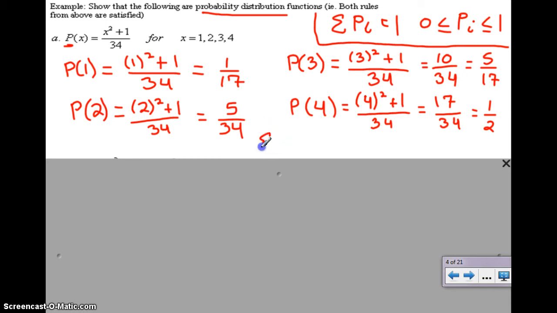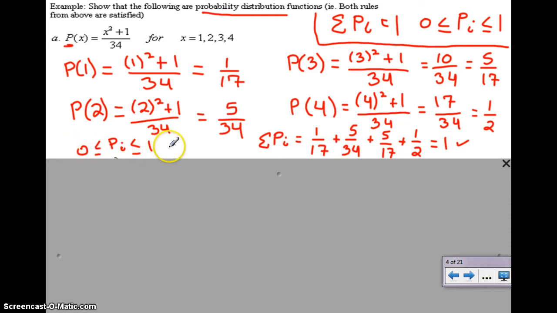I can show that by taking 1 over 17, adding it to 5 over 34 and 5 over 17, and so on, and showing that they actually equal 1. And then the second piece is, as we can see, they are all between 0 and 1. So I can just say, yes, this works. Awesome, that worked. And I will not have to list all of those out.